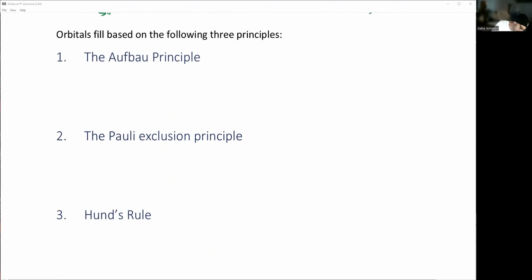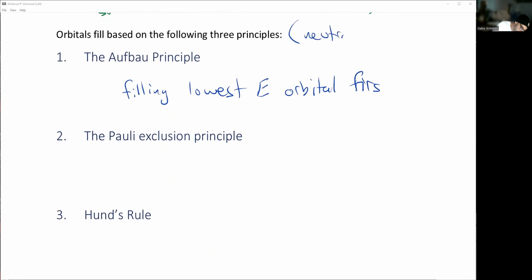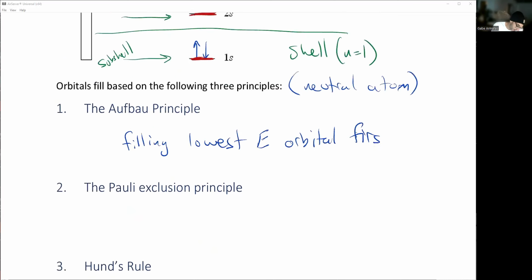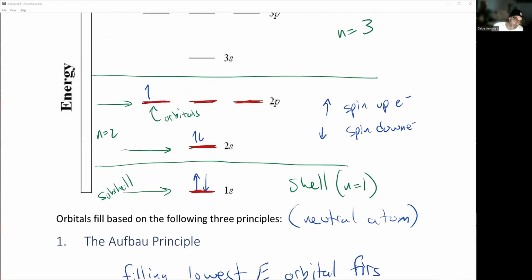So in this case, the Aufbau principle basically states that we are always filling the lowest energy orbital first. By the way, this is always for a neutral atom, and it will always be the same for you. It's not really going to matter, but that's for a neutral atom. Okay, and that's what we've been doing, right? We started with the lowest and we start to fill.